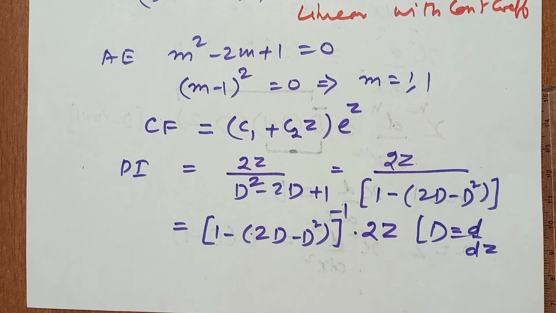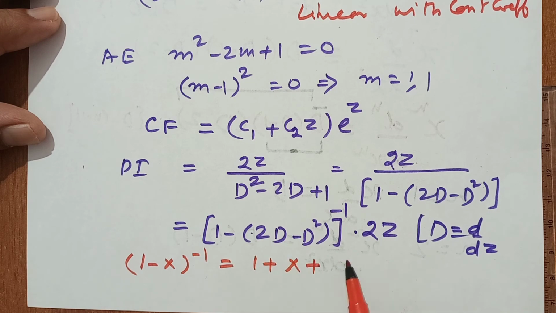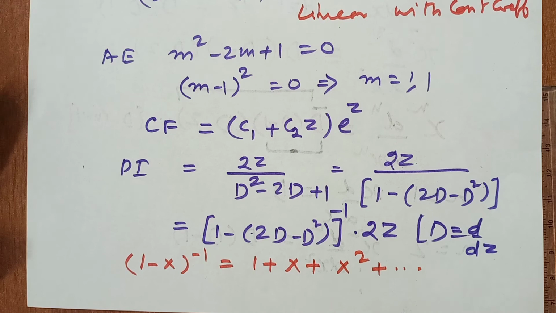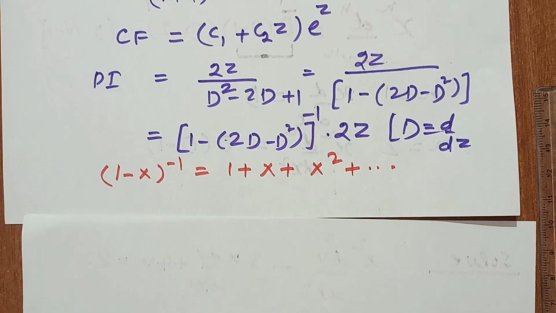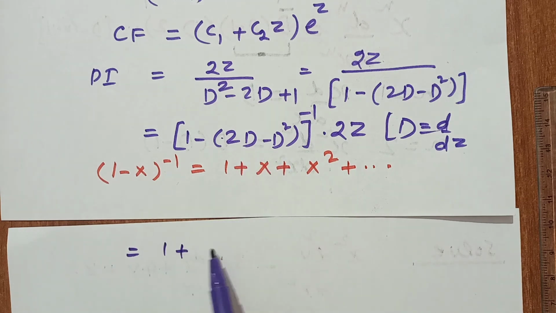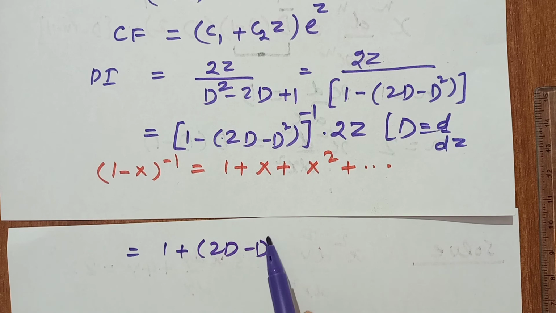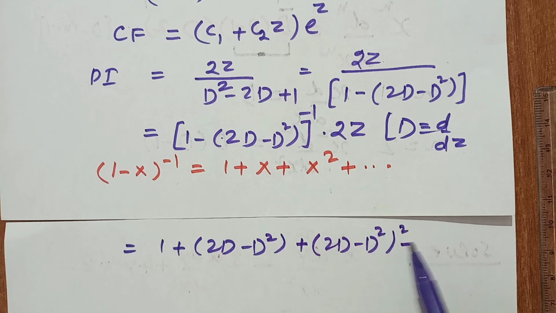Now by using the formula (1 minus x) to the power minus 1 is equal to 1 plus x plus x square and so on, the number of terms is infinite. So by using this formula, we write: 1 plus x, where x is 2D minus D square, plus x square, and so on.